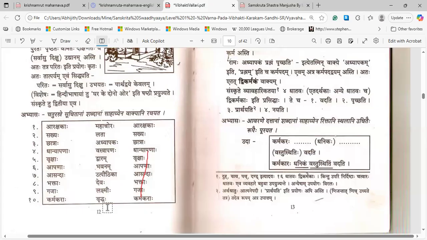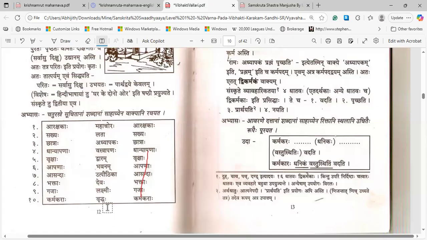What is in the middle will get converted to Dvitiya Vibhakti. So Devam Ubhayataha Bhaktaha Santi. Next. लक्ष्मीम् उभयतः गजाः सन्ति. Very good. Next.